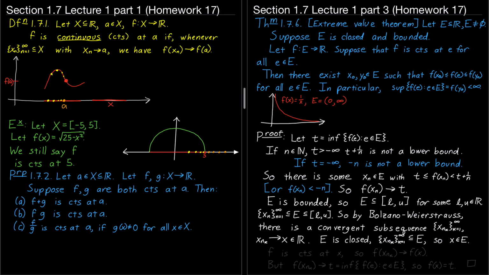Then we have that f is continuous at x because x is in E and f is continuous everywhere. And our subsequence x_{n_k} converges to x. So f of x_{n_k} is converging to f of x.